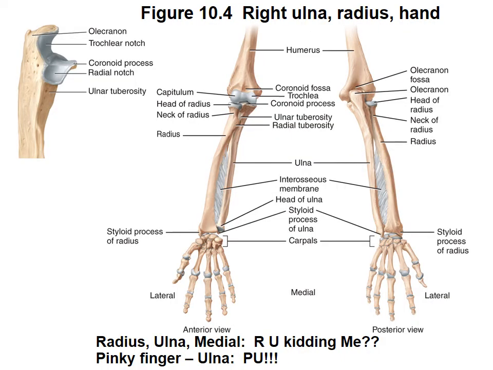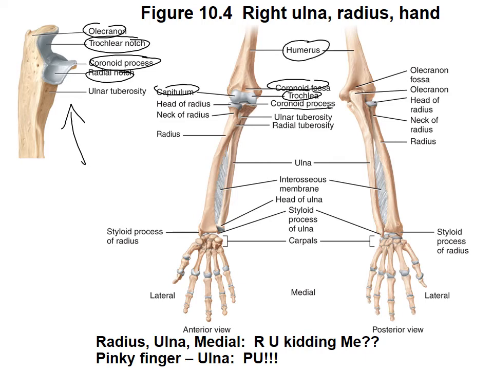So here's the olecranon, a little bit better picture. Olecranon here, trochlear notch, coronoid process, and the radial notch. Now you can see it really well there. You don't have to know about the ulnar tuberosity. Here's the capitulum where the radius attaches, the coronoid fossa here, trochlea, and coronoid process.